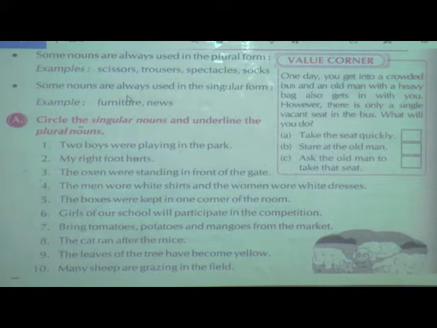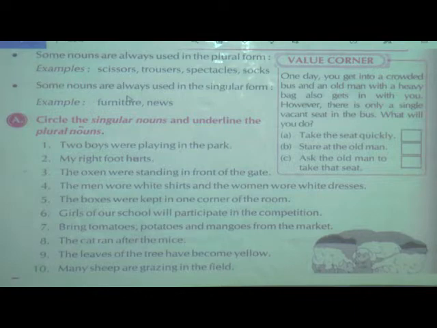Now what are singular nouns? Only one person, place, animal or thing, and plural nouns mean more than one person, place, animal or thing. Now in the given sentence you have to recognize what is a singular noun and what is a plural noun. Where you find a singular noun, you have to circle it, and where you find a plural noun, you have to underline it.